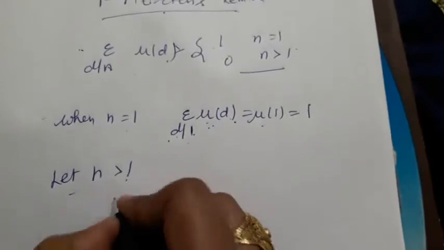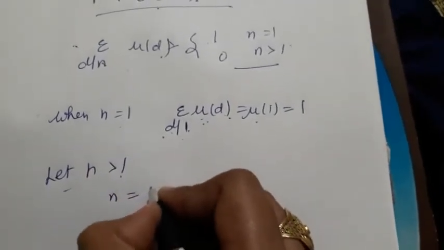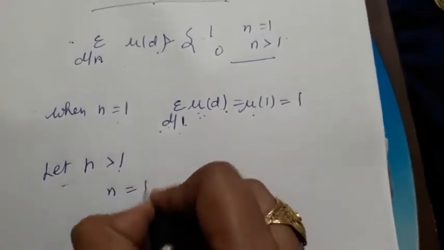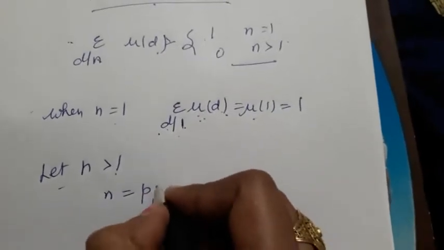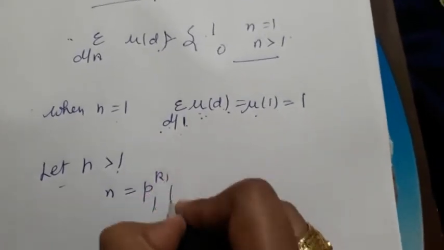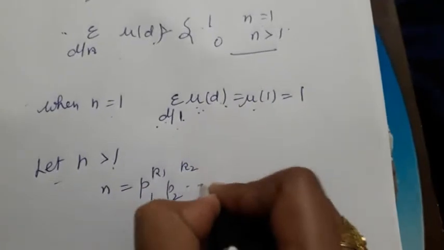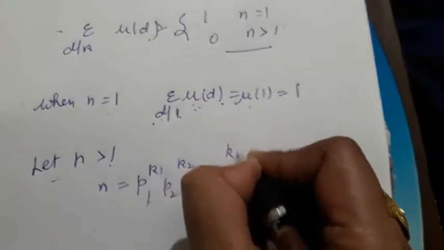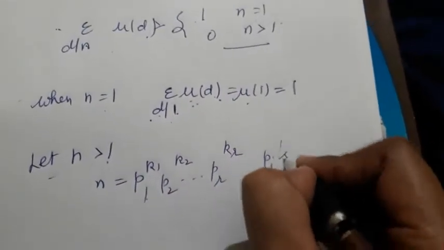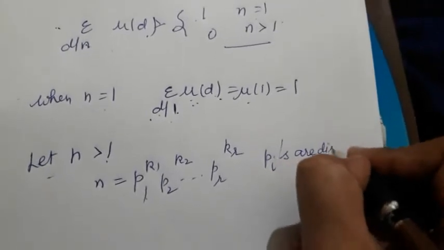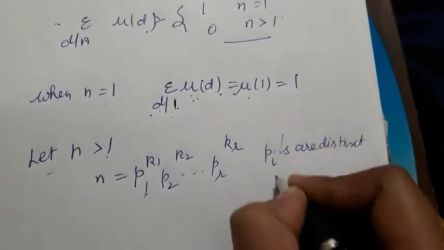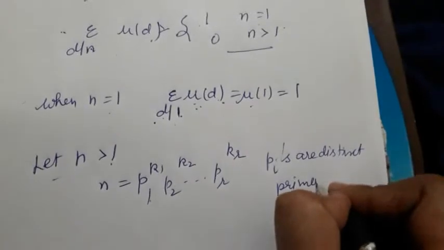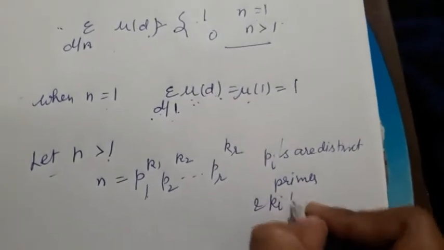So let n be greater than 1. When n is greater than 1, by the fundamental theorem of arithmetic, n can be written as a product of prime numbers p1 raised to power k1, p2 raised to power k2, and so on up to pr raised to power kr. The pi's are distinct primes and the ki's are greater than or equal to 1.